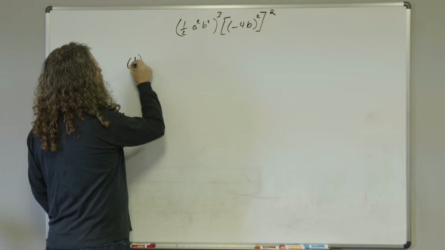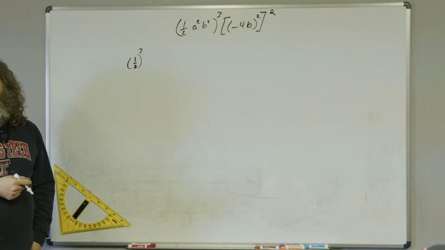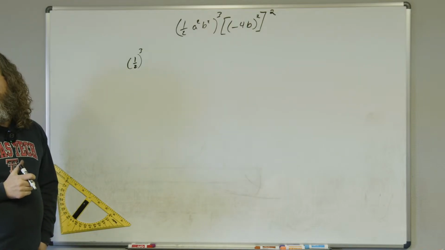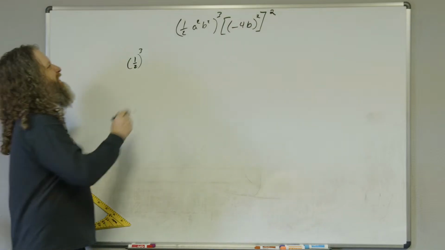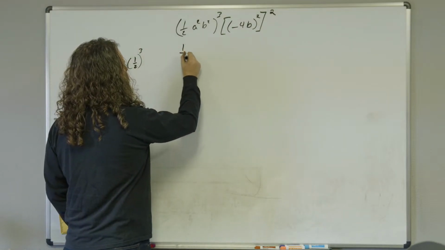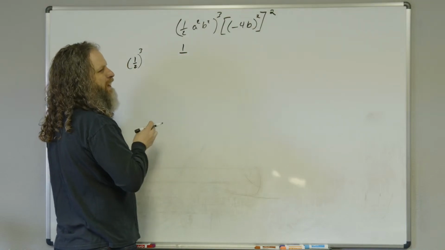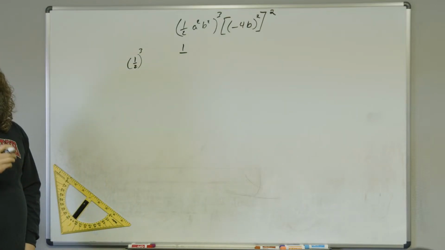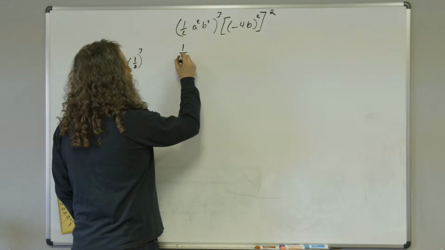We cube the top and the bottom. What is 1 times 1 times 1? 1, thank you. What is 2 cubed? 2 times 2 times 2. 2 times 2 is 4, times 2 is 8. So 1/8.